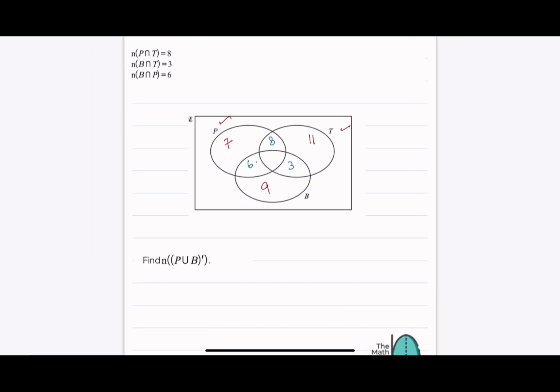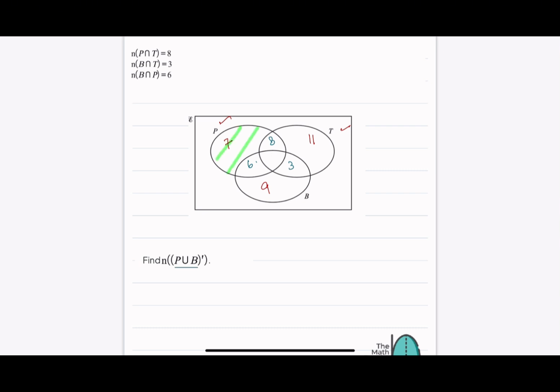Now, find the number of elements of (P union B) complement. Please look at this part. First, we need to know what P union B is.